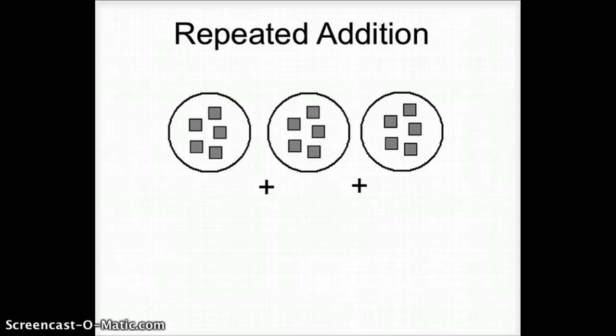There are 5 squares in each circle. You can add 5 plus 5 plus 5 to find the product.